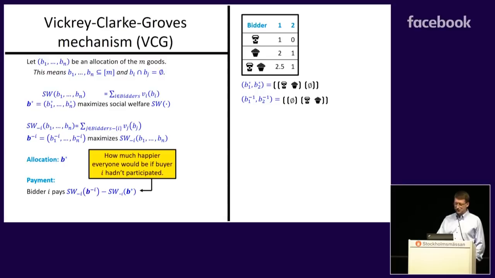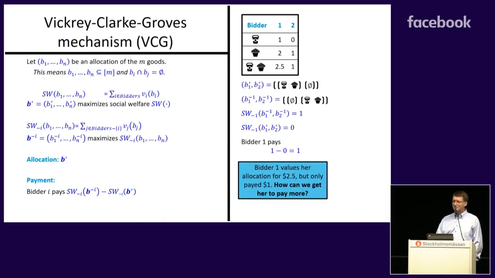The best allocation, if bidder 1 had stayed at home, would have been to give both goods to bidder 2. So the social welfare of the others would have been 1, while in reality the social welfare of the others was 0. So bidder 1 has to pay 1 minus 0, which is 1. Okay?